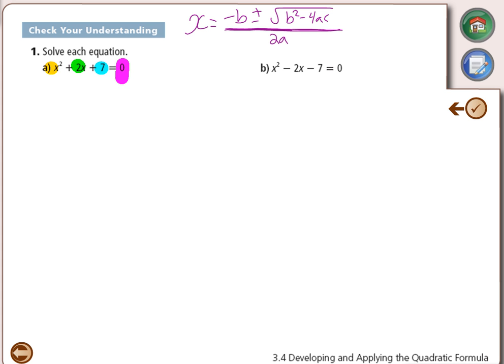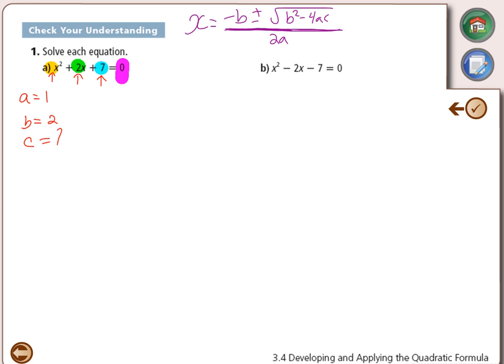So it's a formula-based question. Take your formulas on the side. A is equal to 1. B is equal to 2. C is equal to 7. We're just going to plug it straight in. Start with writing the formula, then substitution, then work to your answer.